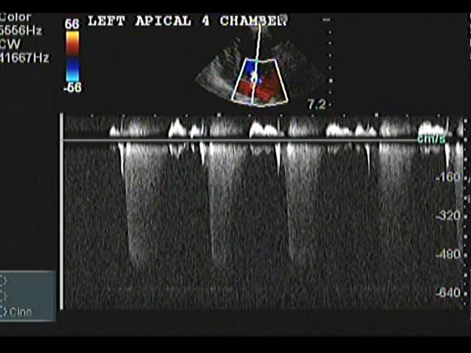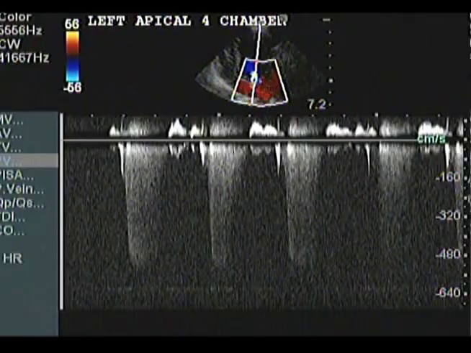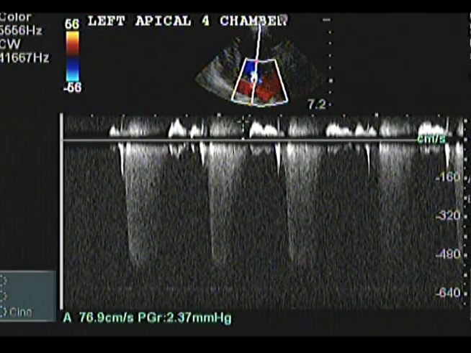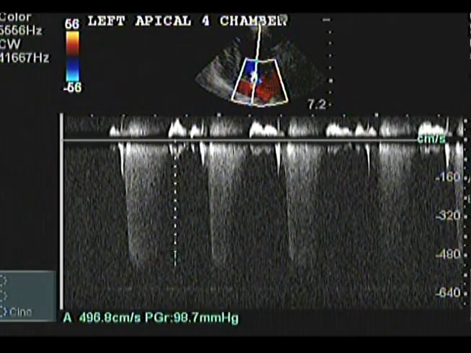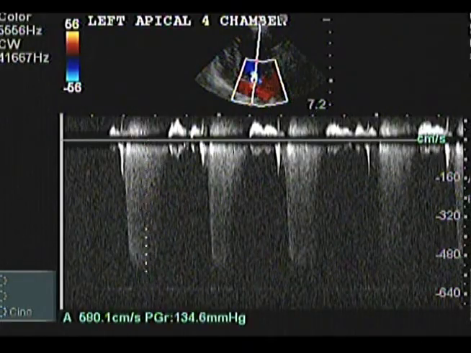In mild and moderate stages of mitral insufficiency, the patient's measured systolic blood pressure will be very close to the calculated pressure gradient if aortic stenosis is not present.